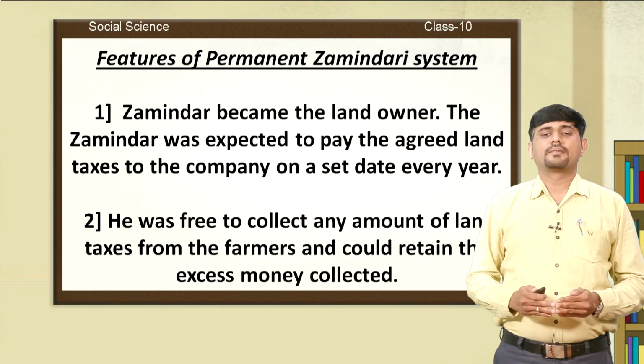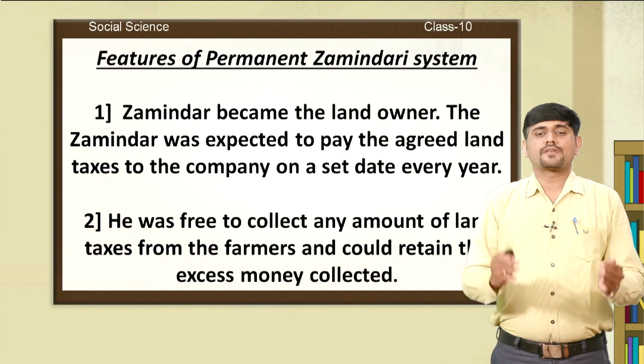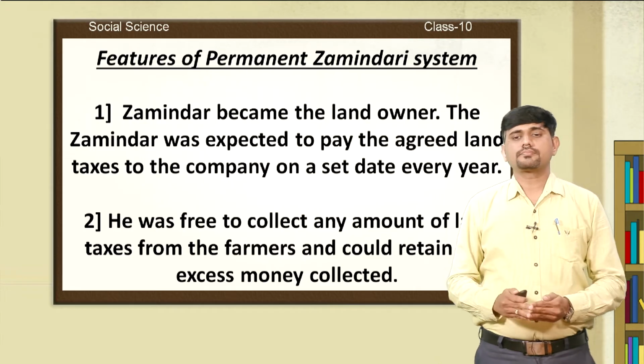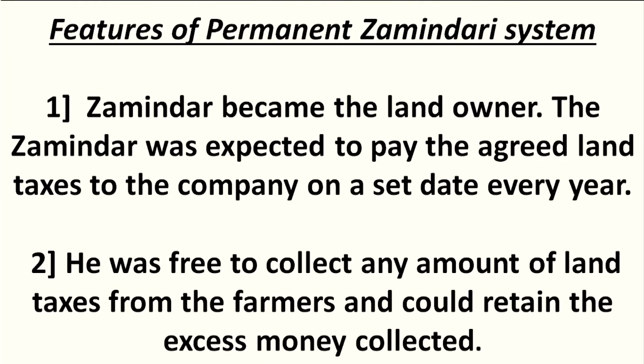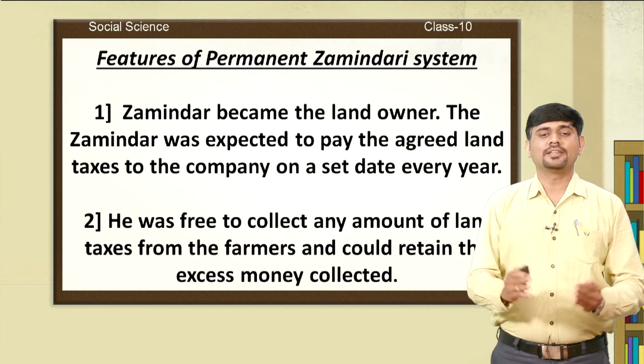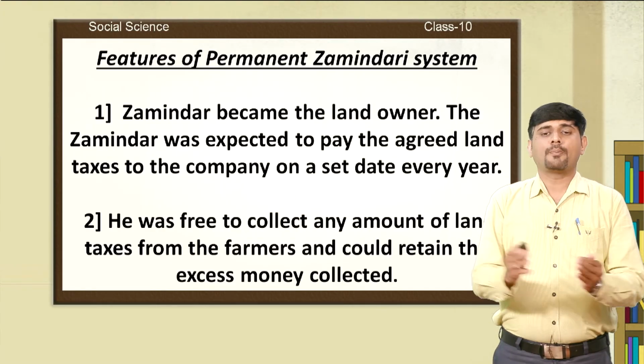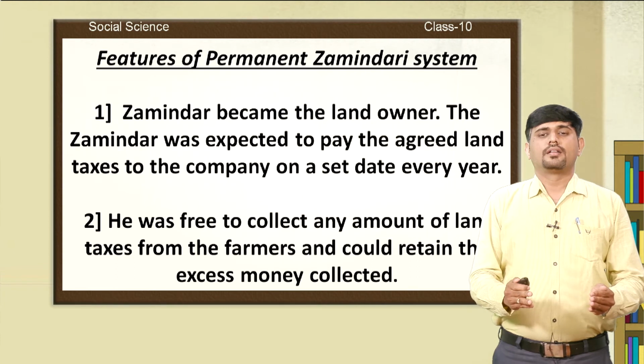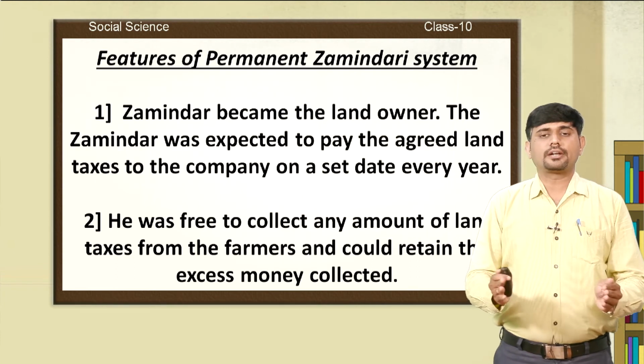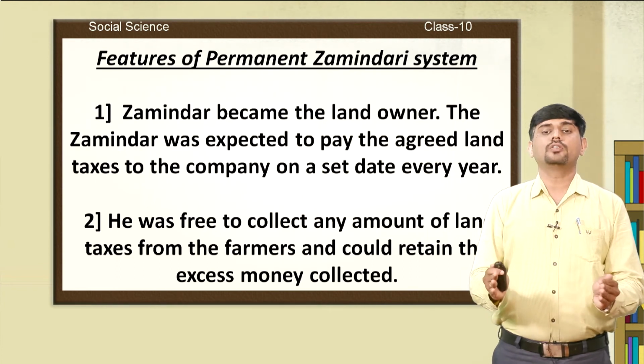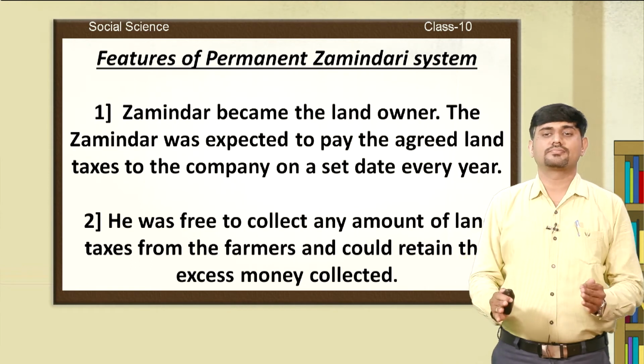Followed by that, he was free to collect any amount of land tax from the farmers and could retain the excess money collected. Zamindars had an opportunity here. The British government never questioned how much had to be collected from the farmers.